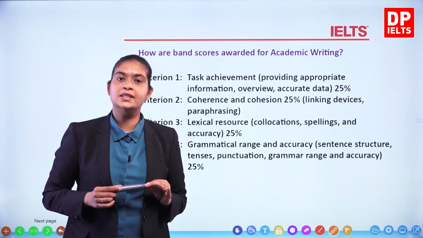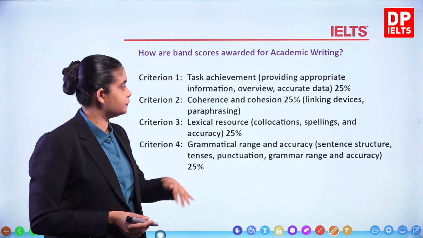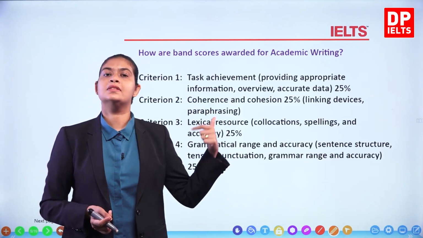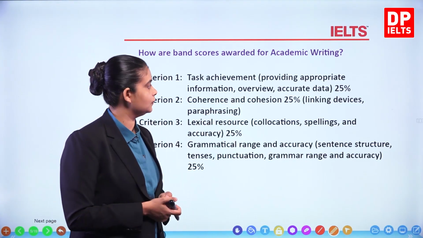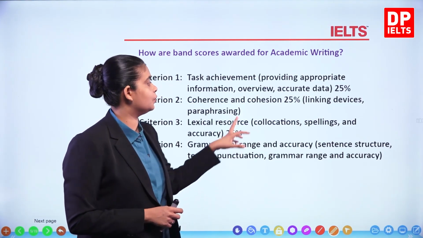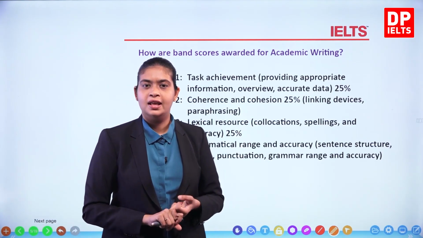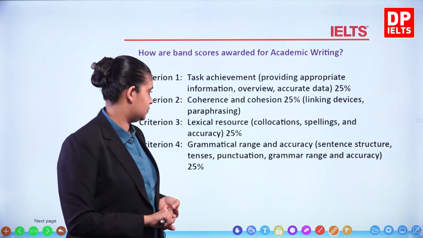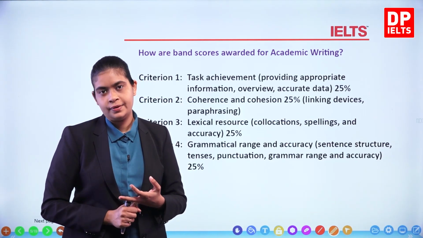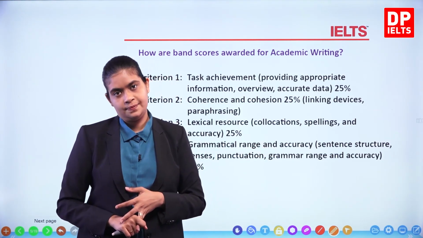Now, your marking criteria is marked on 4 main criterias. The first one, we call it TA, Task Achievement. Second one, we say CC, Coherence and Cohesion. Third one, we say LR, Lexical Resource. Fourth one, we actually call it GR, but it's actually grammatical range and accuracy.